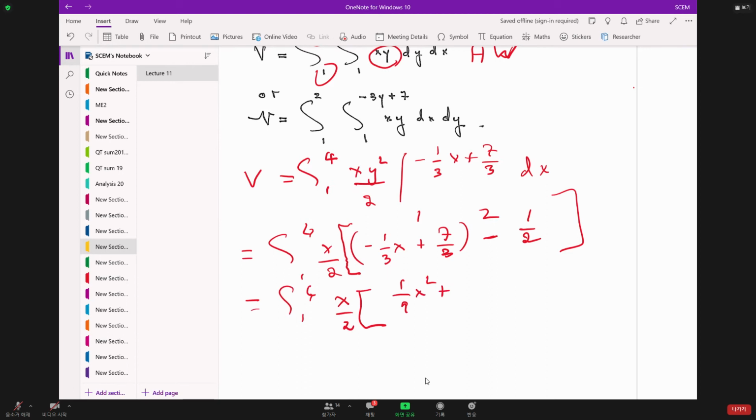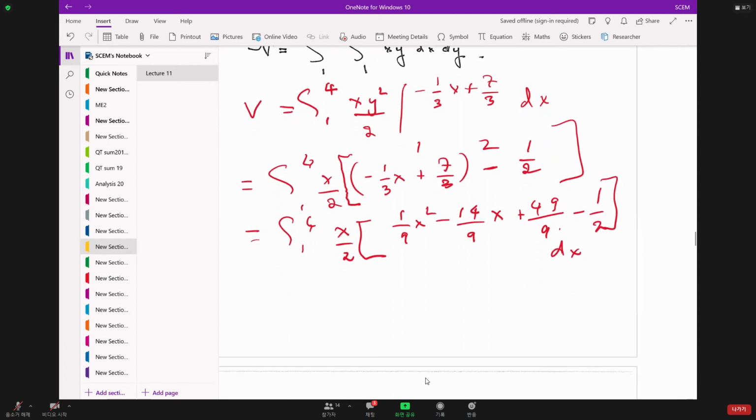So you have 3 times that, that is 7/9, minus 14/9 x. Then you have to square this, that is 49/9, minus half, dx.